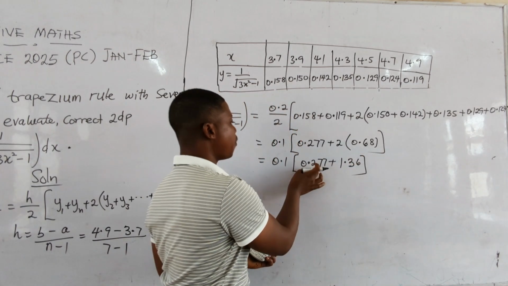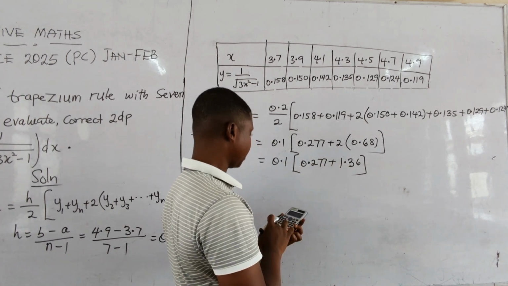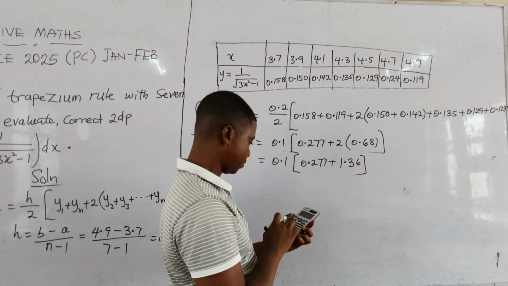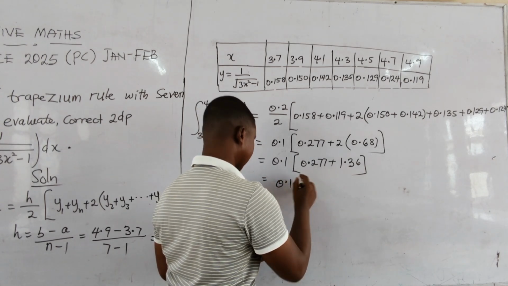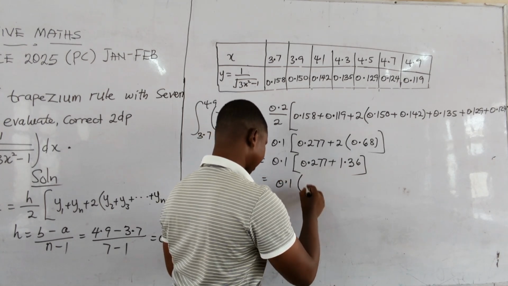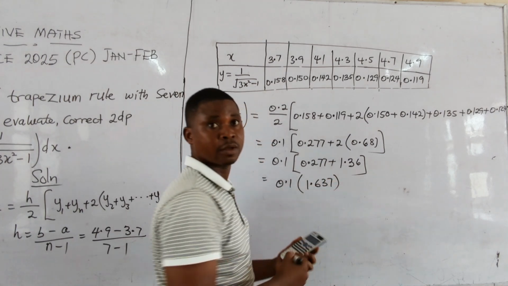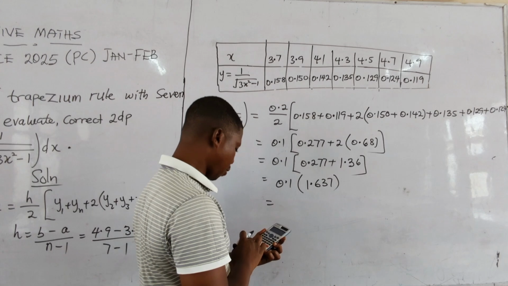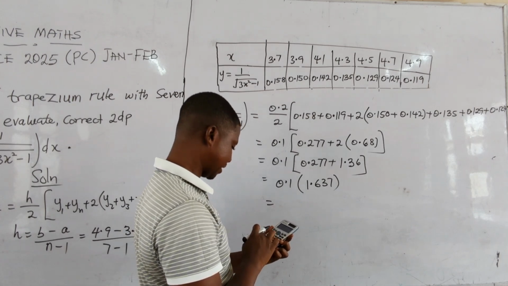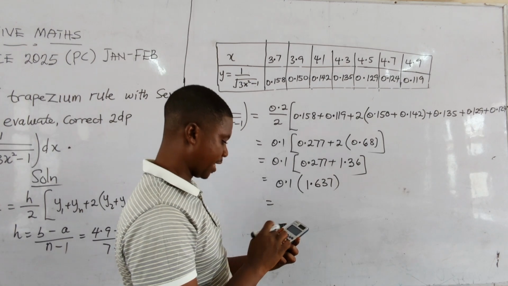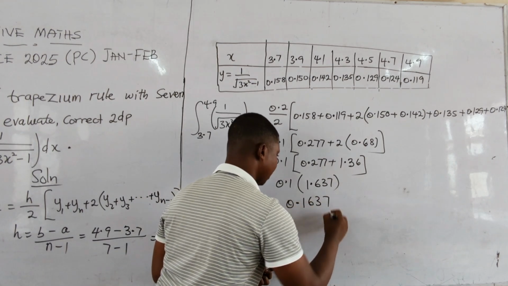So now 0.277 plus 1.36 gives 1.637. Then you have 0.1 multiplying 1.637, and the answer becomes 0.1637.